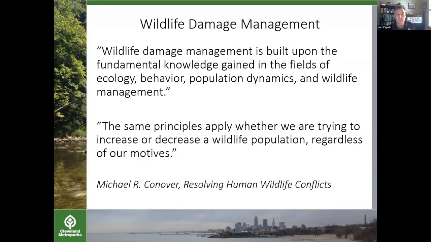Wildlife damage management is built upon the fundamental knowledge gained in the fields of ecology, behavior, population dynamics, and wildlife management. The same principles apply whether we're trying to increase or decrease a population, regardless of our motives.